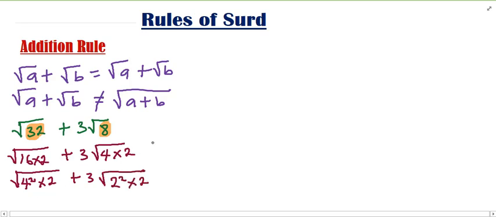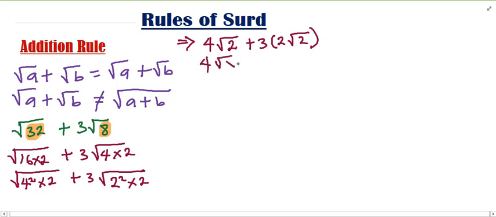So bringing these numbers out, it becomes 4 surd 2, plus 3 bracket 2 surd 2. I'm just using brackets so things will not get confusing. So 4 surd 2 plus 3 times 2 is 6 surd 2.